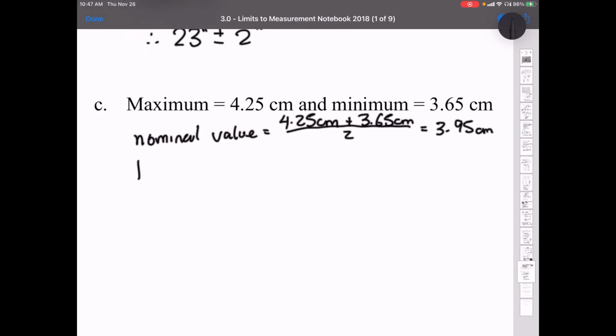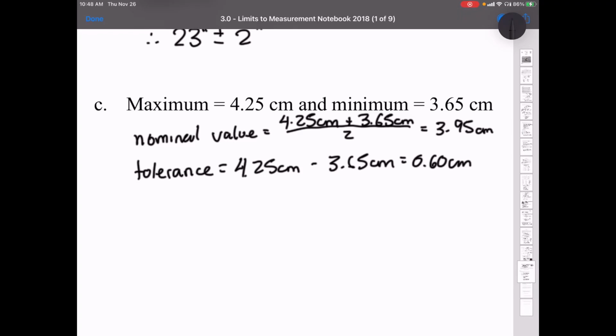And we can then find our tolerance of 4.25 centimeters minus 3.65 centimeters, which is equal to 0.60 centimeters. So then our tolerance interval would be 3.95 centimeters plus or minus half of our tolerance, or 0.3 centimeters, like so.